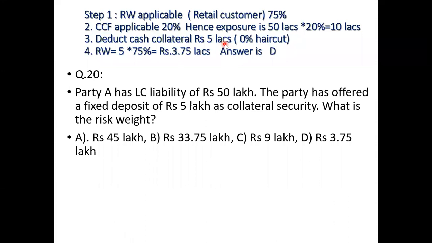So in the case of term loan, if the amount is likely to be withdrawn in the next year, the credit conversion factor is 50%. Whether it is 2 year or 3 year, a term loan sometimes will be disbursed in the second year, third year, when the project is complete.